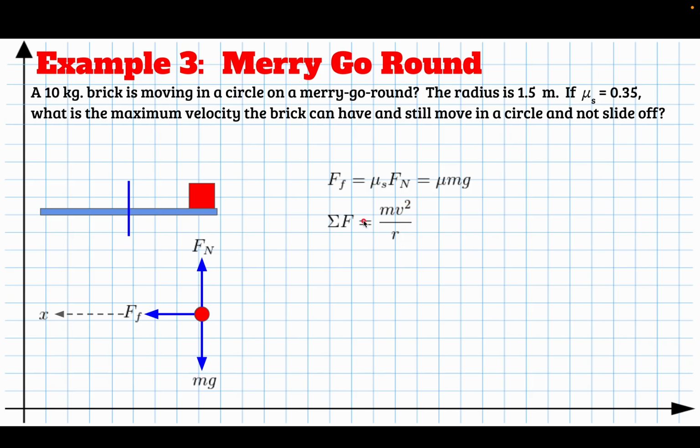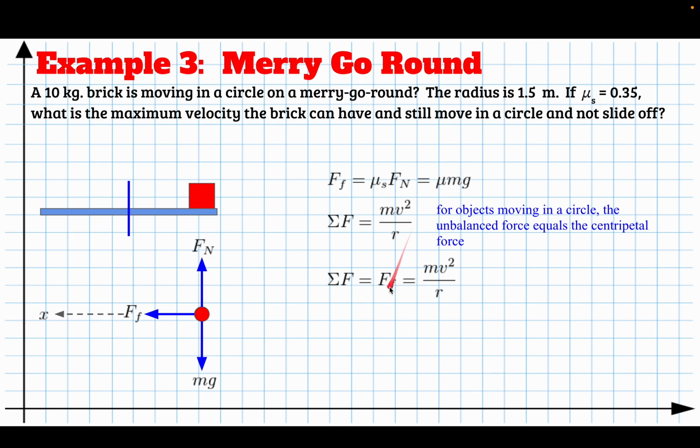Another way to say this is, when something's moving in a circle, the unbalanced force must equal mv squared over r. The unbalanced force is really just the friction force, so mu mg is equal to mv squared over r.